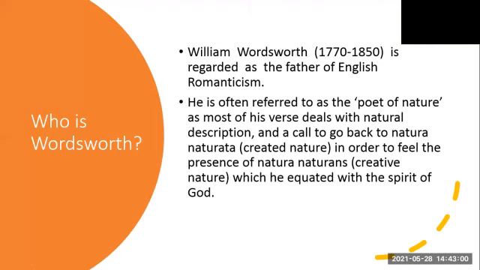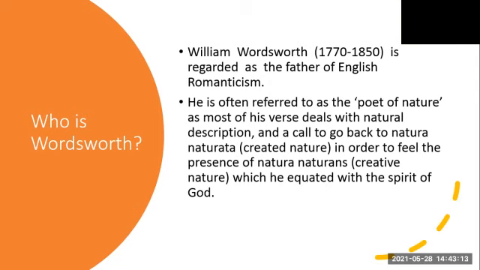Now, this is William Wordsworth. I just thought that I might give you a feel of the author. Who is William Wordsworth? William Wordsworth was born in 1770, died 1850.